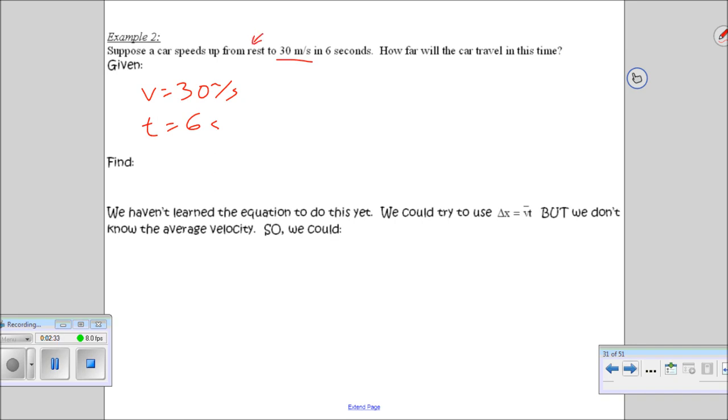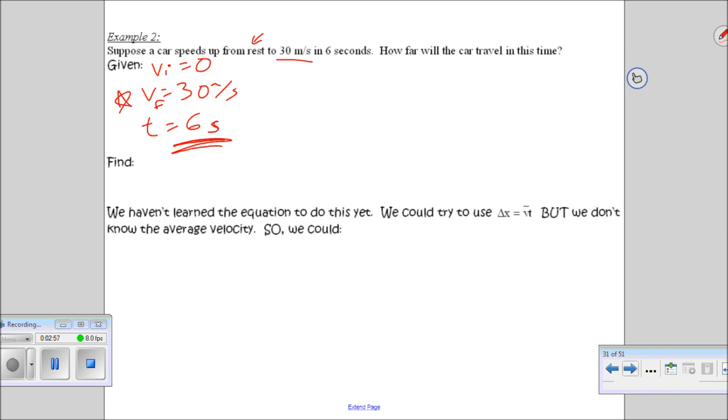It begins at rest. So what that's telling us is that our initial velocity is 0, and it's our final velocity that's 30 meters a second. If you picture the car speeding up, it's not until the very end of these 6 seconds that the car actually gets to 30 meters a second. So it's actually going to go less than 30 meters each second, because it doesn't travel that speed until the very end of the time.